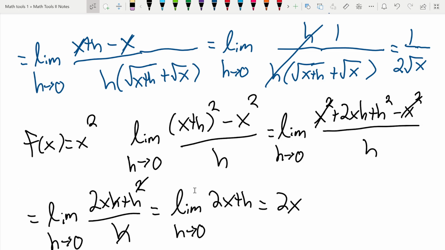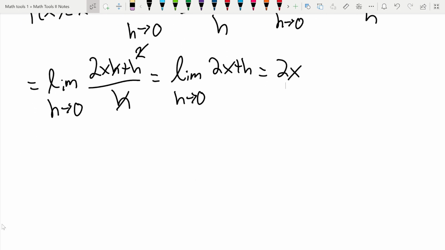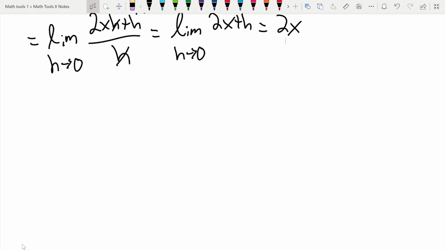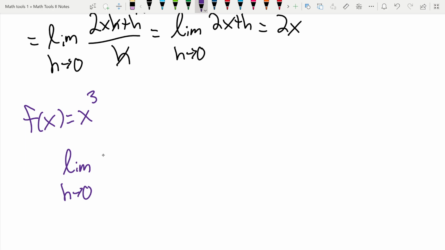Okay, let's try something that will take a little bit more work maybe. What about x cubed? Okay, so we want the limit as h approaches 0 of x plus h cubed minus x cubed over h. So this one will be a little trickier.